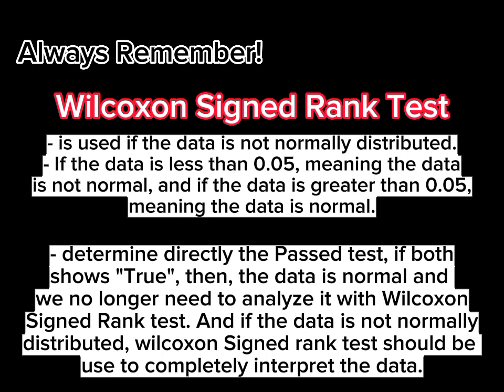If both show true, then the data is normal and we no longer need to analyze it with the Wilcoxon Signed Rank Test. But if the data shows true and false, it means that the data is not normally distributed, and the Wilcoxon Signed Rank Test should be used to completely interpret the data.